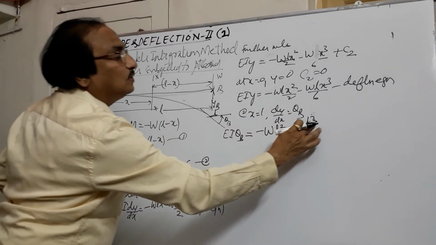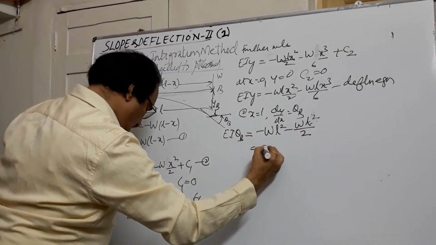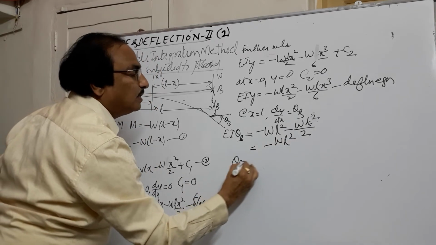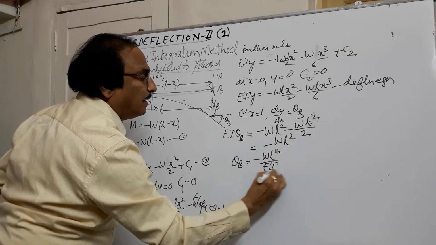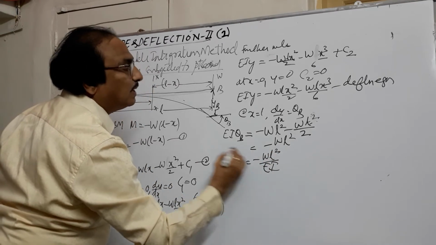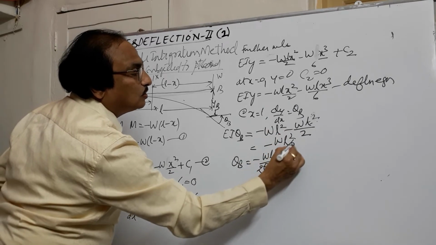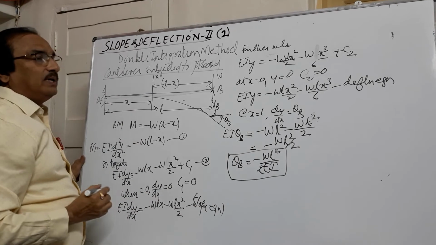Now if I substitute, this will be L square. So theta B will be equal to minus W L square by EI, minus W L square by 2EI. This is the slope equation at B.